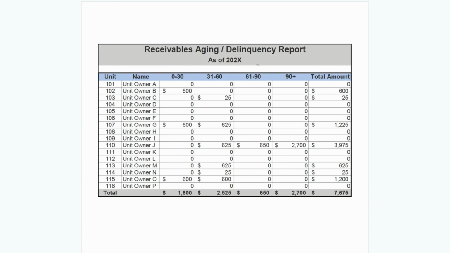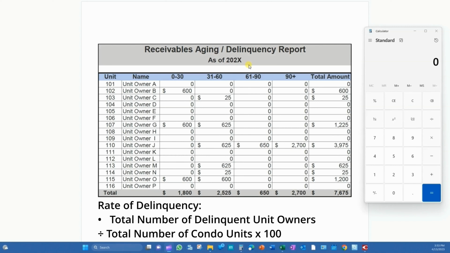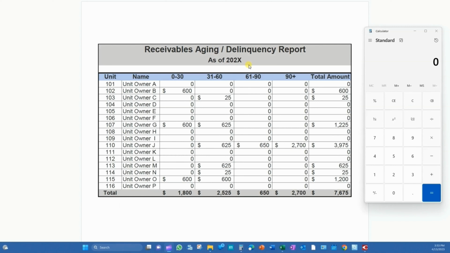Similarly, using the total number of delinquent units, the formula is: rate of delinquency equals total number of delinquent unit owners divided by total number of condo units, times 100. For example, to determine the number of delinquent units, check the number of units that are in arrears for 30 days or more.